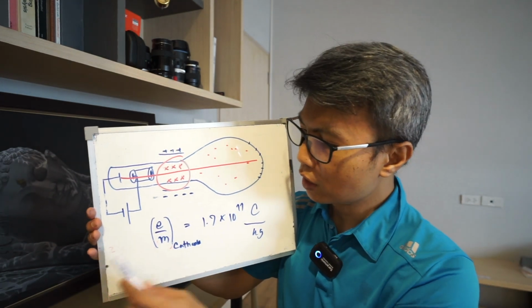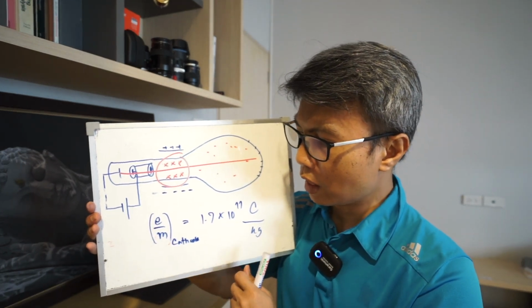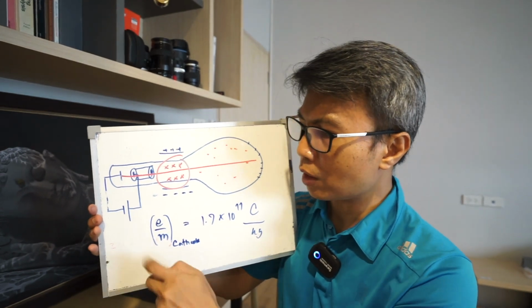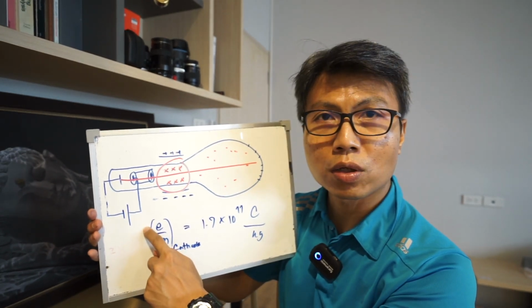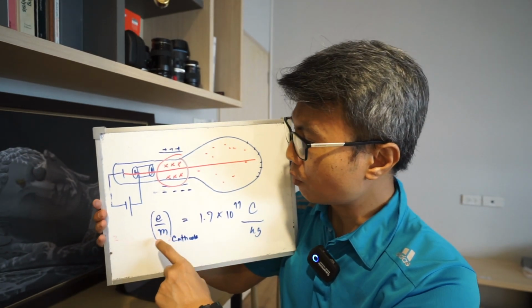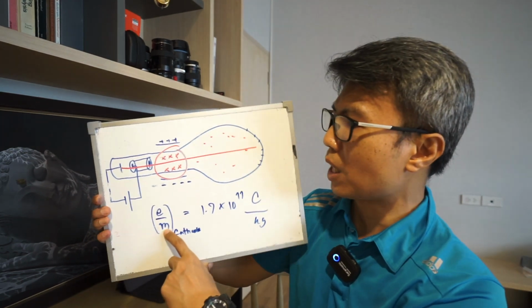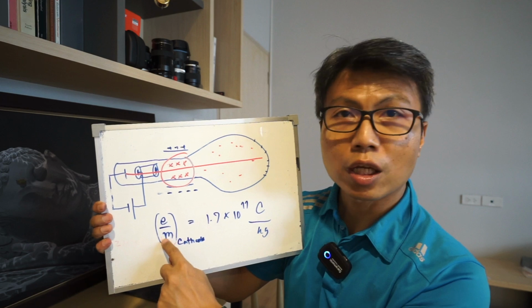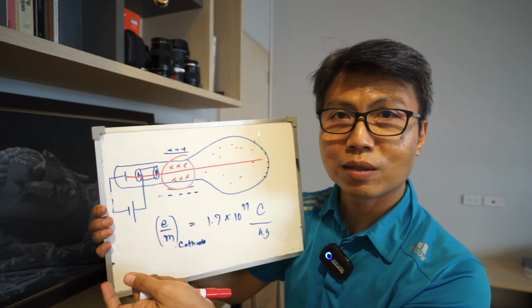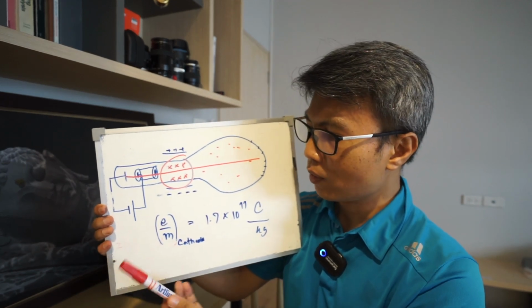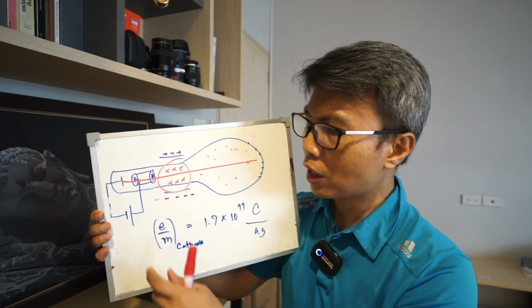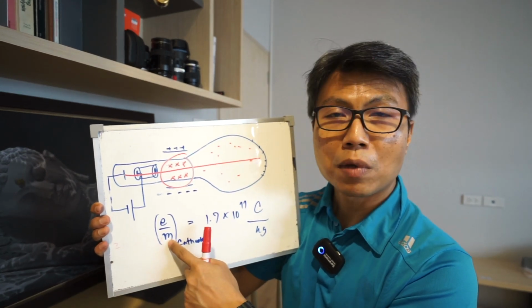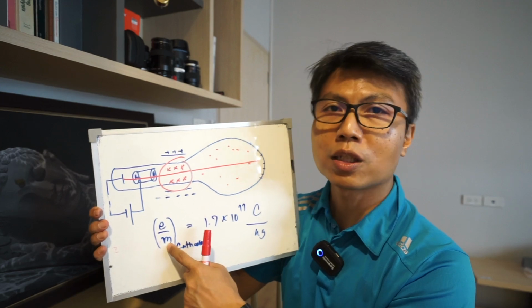And from this discovery about the electron, you see, Thomson didn't discover the charge of the electron or the mass of the electron, but he just discovered the ratio between the charge and the mass, right? And you see, if you are able to calculate the charge, you will be able to calculate the mass of the electron automatically.